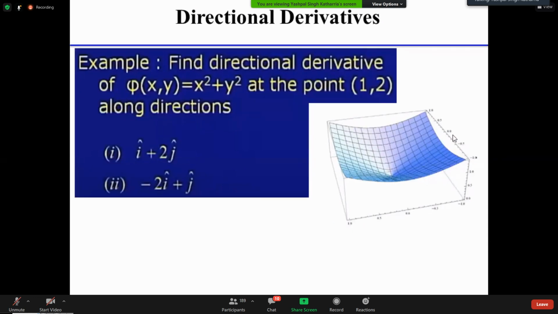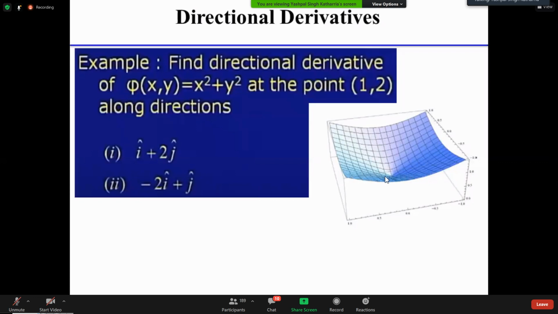We have already seen this function. I hope you calculated the gradient of it. You can see here that this function is actually a cup-like function, if you draw it even further, and it has a minima somewhere.